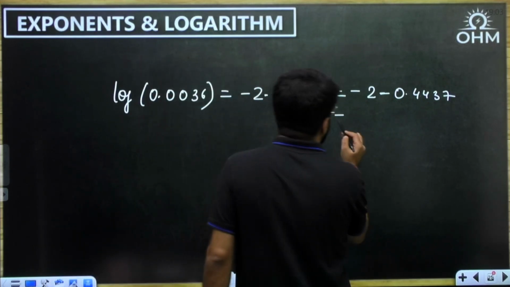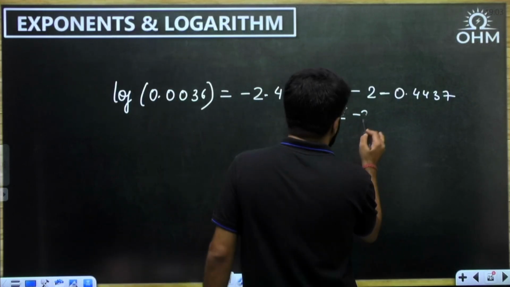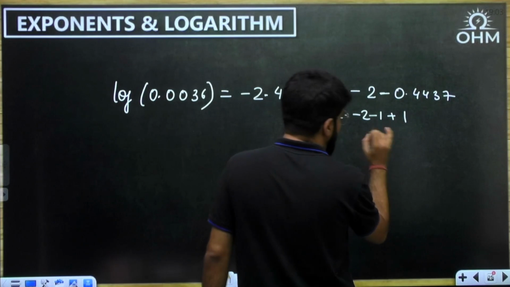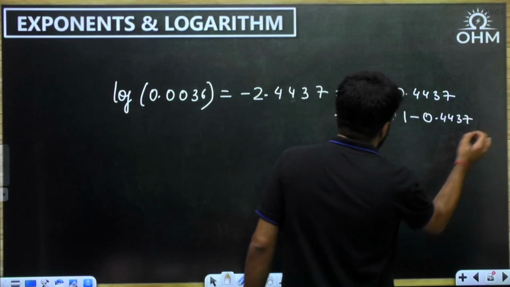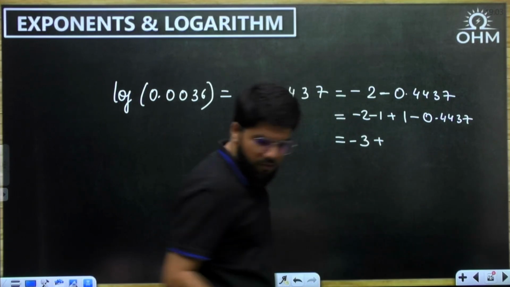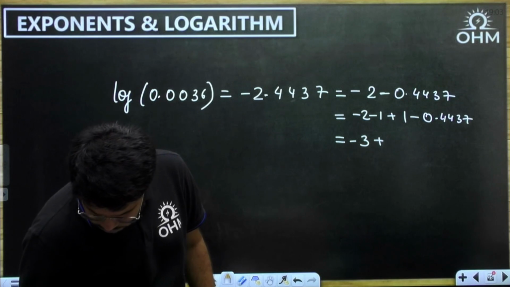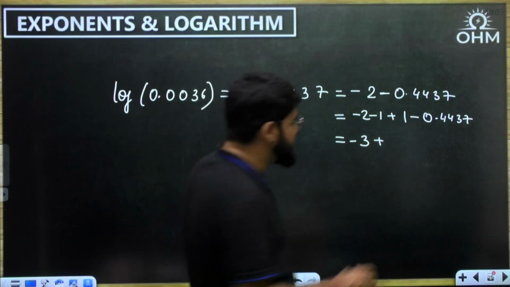My characteristic is minus 3. To bring minus 3, what I do is I subtract 1 and I add 1. Minus 1 plus 1 is nullified. Now minus 2 minus 1 is minus 3, and 1 minus 0.4437 is 0.5563.